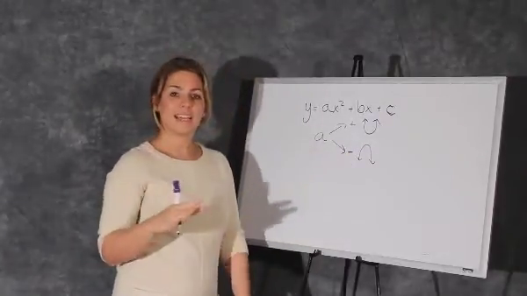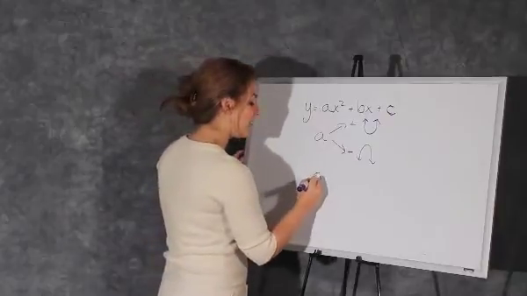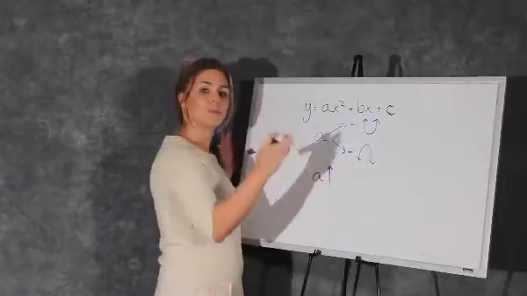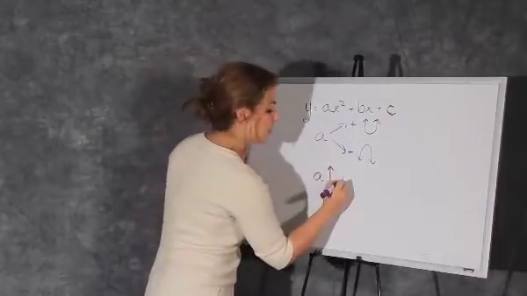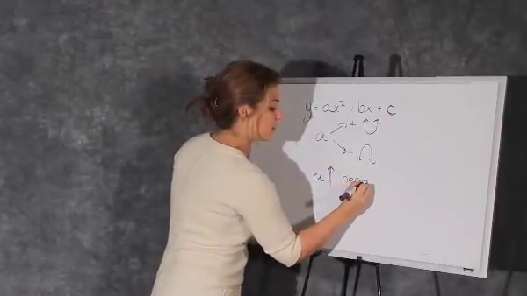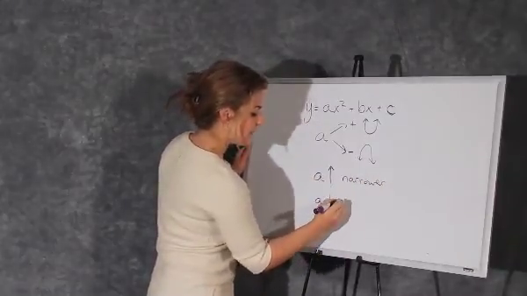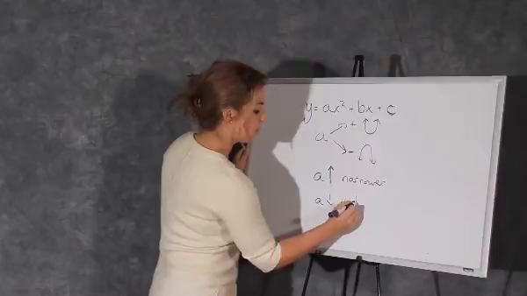The other thing that a tells you is as the value of a increases, your parabola gets narrower. And the smaller that a gets, it gets wider.